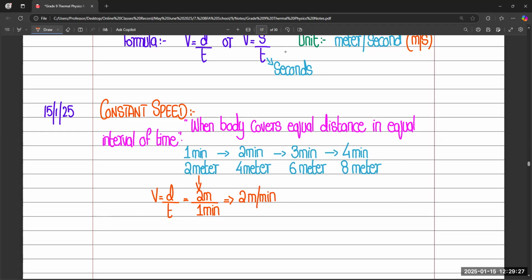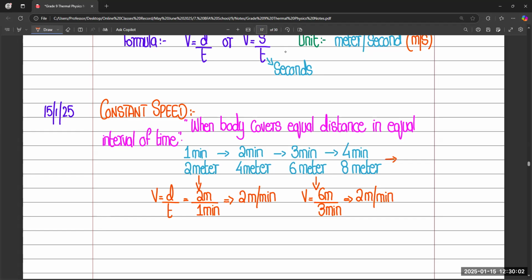In the same way, if you compare any other value, let's suppose this value, it is equal to 6 meters divided by 3 minutes, equal to 2 meters per minute, right? So you can see we are getting the same answer.